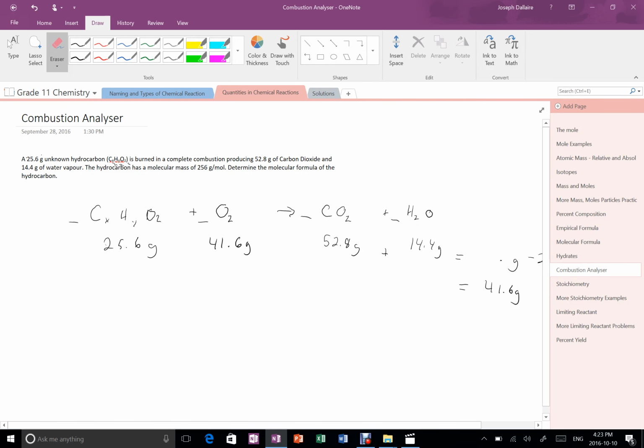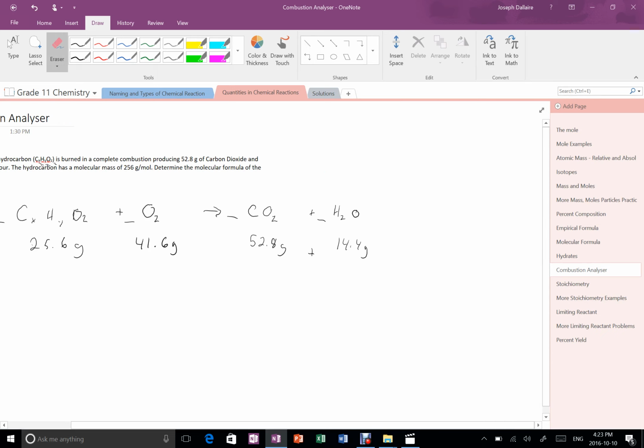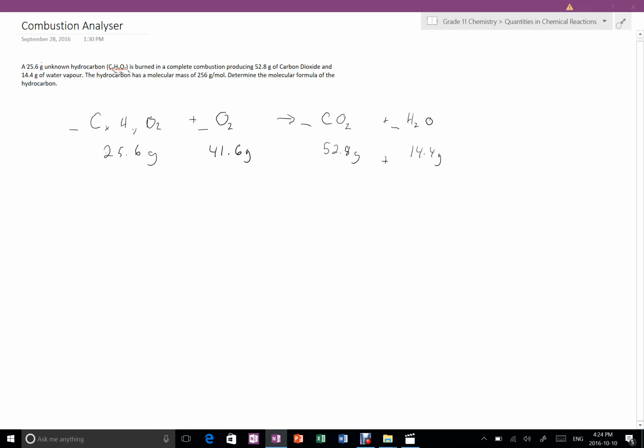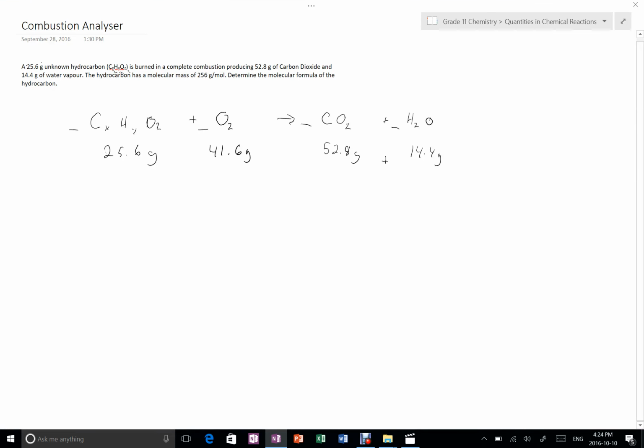We can go to try to figure out the actual ratio between the moles involved in this chemical reaction. Or instead of thinking of it as moles, of course, we're going to try and think of it as the number of particles. To convert these things to number of particles or moles, we need the molecular mass. For the unknown hydrocarbon, that's been given to us, 256 grams per mole.